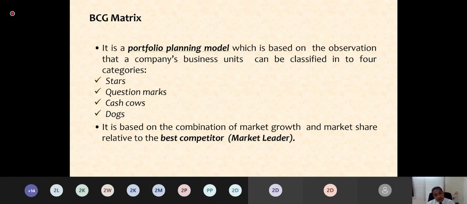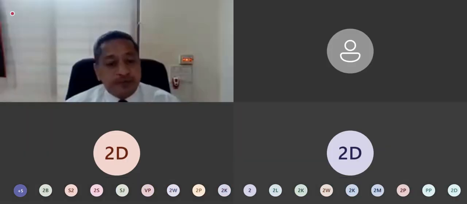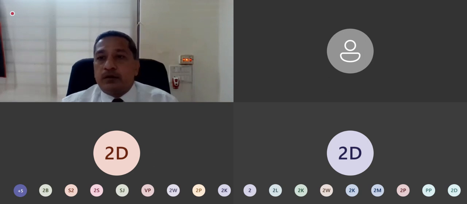And therefore this business matrix, the BCG matrix, which is used for business portfolio analysis, is very important to formulate the strategies for an organization. We will then go ahead with the details of this BCG matrix.